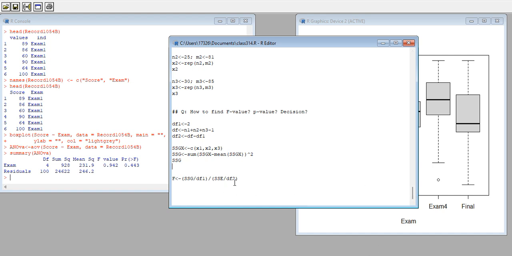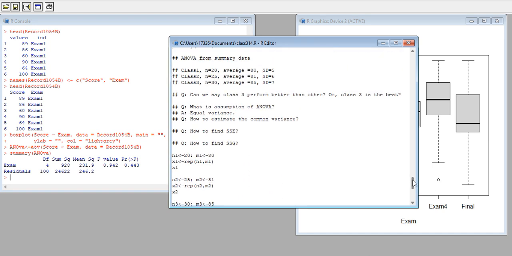So what is SSE? How can we find it? Where does the standard deviation come from? The standard deviation squared is the variance. So this is the variance for class 1, right?